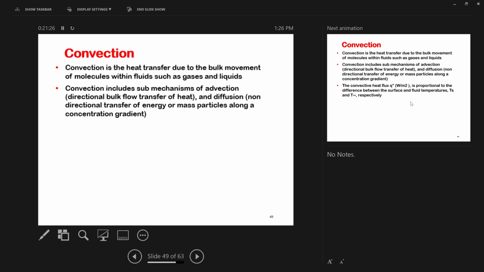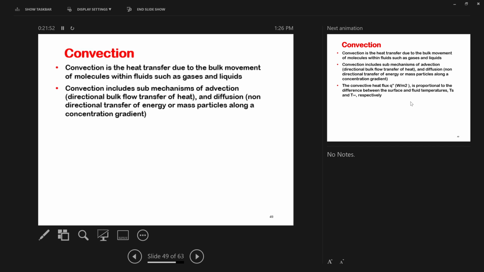But advection is essentially the directional bulk flow transfer of the heat, which essentially means that, let's say you have some fluid here, and you're heating the fluid up, like in a pot or whatever, right? There is this bulk of fluid that's getting hotter, and the bulk itself moves to the higher surface because of the density change, right?